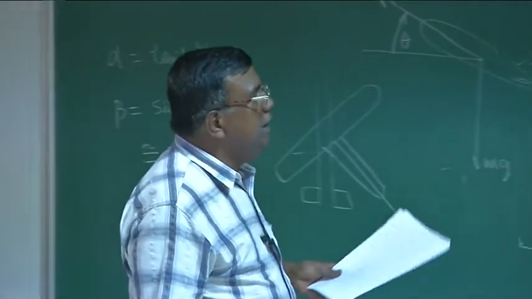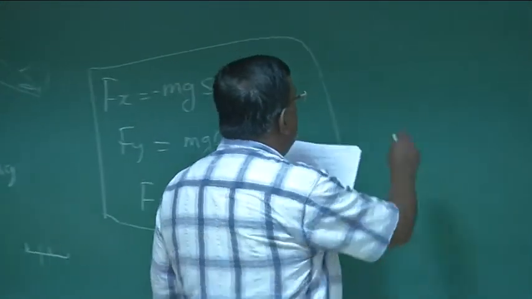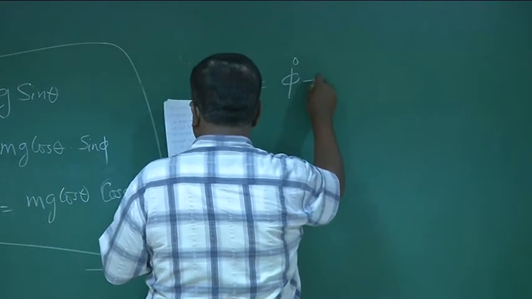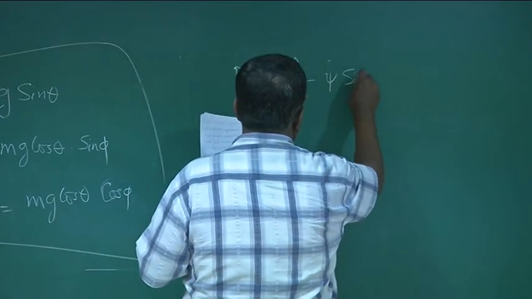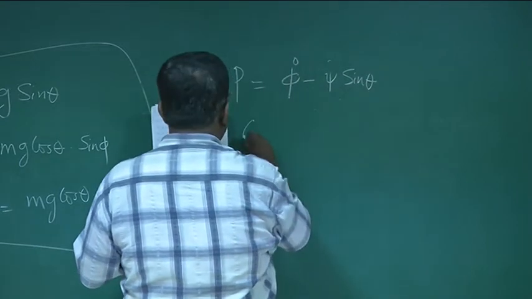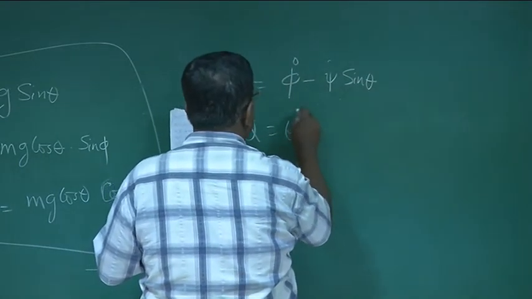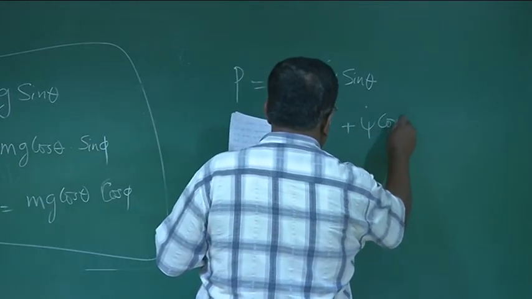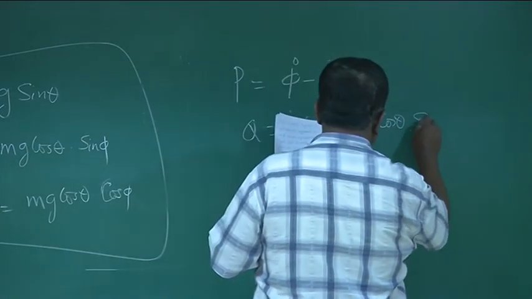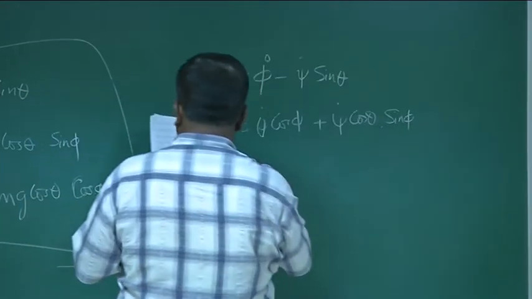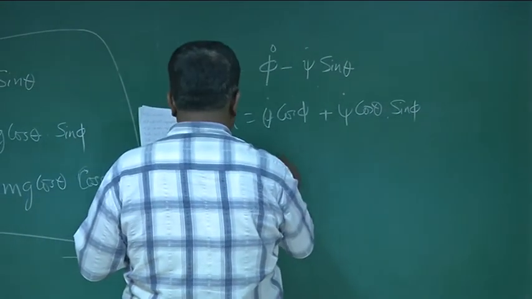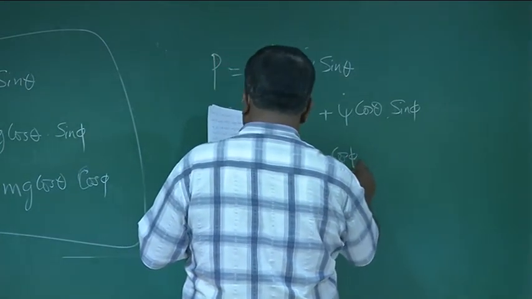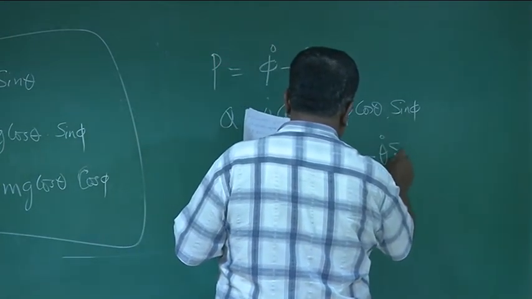Okay. To complete this six-DOF equation of motion, we need this navigation equation also, which is P equal to phi dot minus psi dot sine theta. Q is equal to theta dot cos phi plus psi dot cos theta sine phi, and R equal to psi dot cos theta cos phi minus theta dot sine phi.